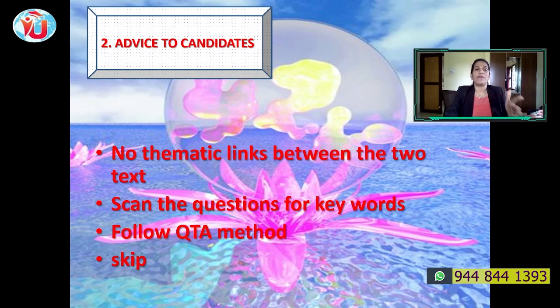Once you skip it, you go to the next question, and when you have the first question answer and the third question answer, then definitely you know you have missed out something in between. Then you can come back and scan and get the answer. So don't waste time searching for the answers until your time is out.